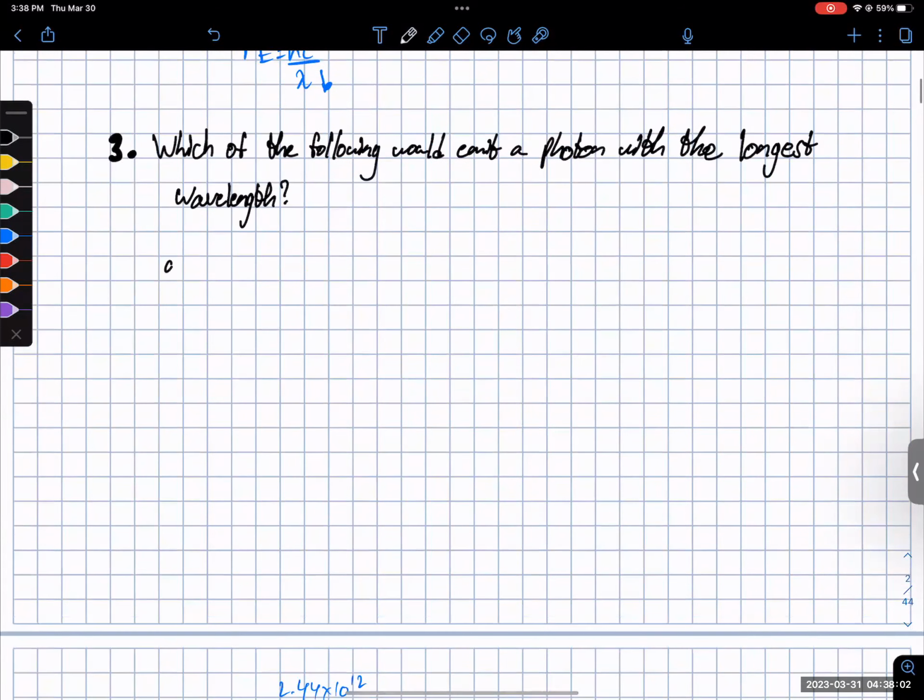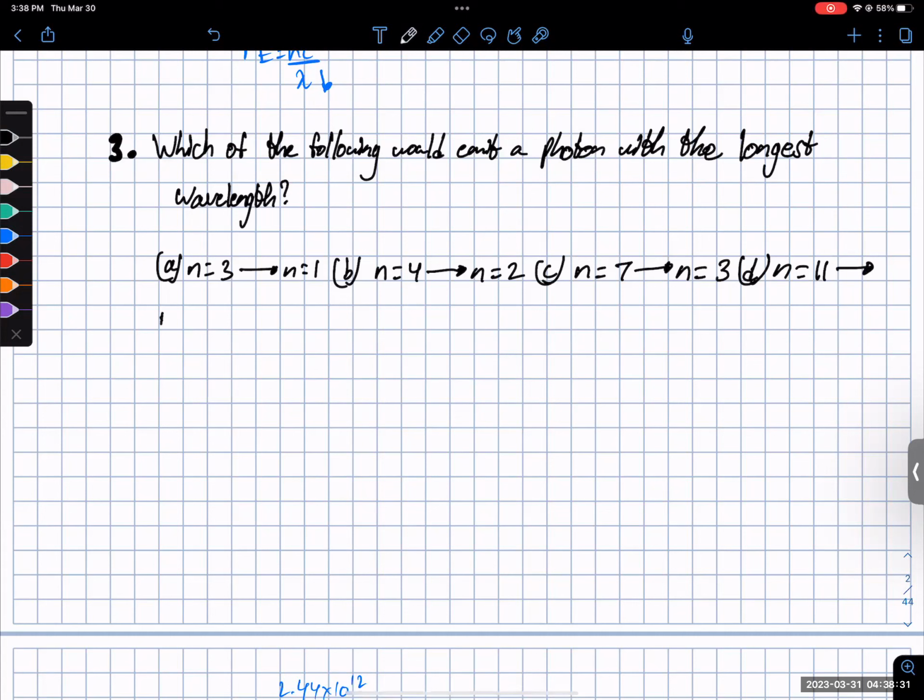Your options will be: n equals 3 to n equals 1, n equals 4 to n equals 2, n equals 7 to n equals 3, n equals 11 to n equals 3, and for E, n equals 7 to n equals 2.